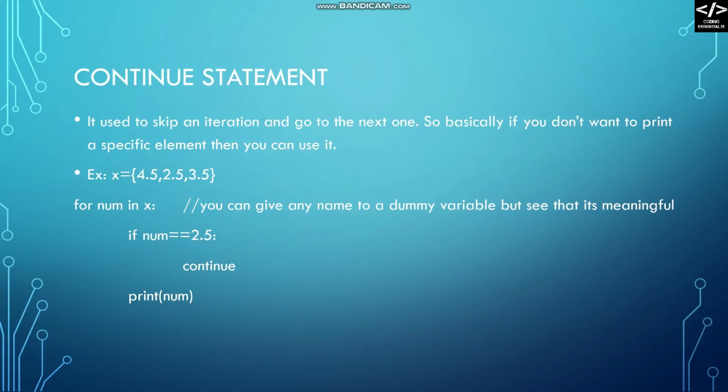Moving on to the continue statement. It is used to skip an iteration and go to the next one. Basically, if you don't want to print a specific element, you can use it. For example, we'll take a set of 4.5, 2.5 and 3.5. We don't want to print 2.5.